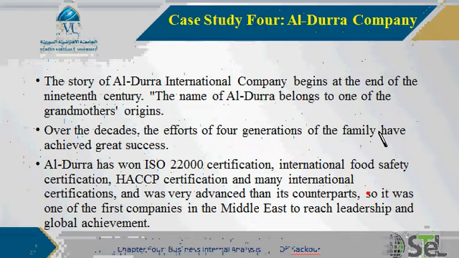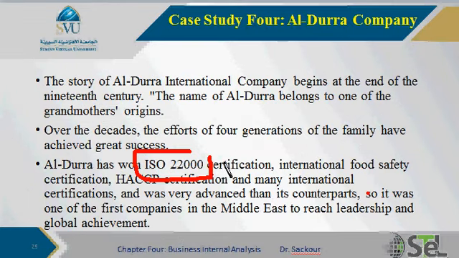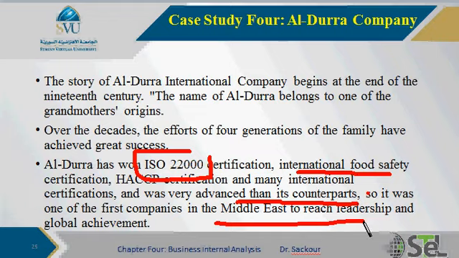Over decades, the efforts of four generations of the family have achieved great success. Al-Durra won ISO 22000 certification for international food safety, advanced than its competitors and counterparts, and is maybe one of the best companies in the Middle East.